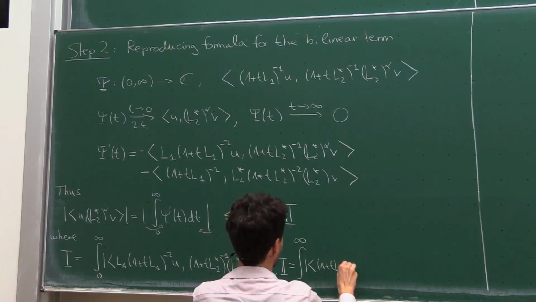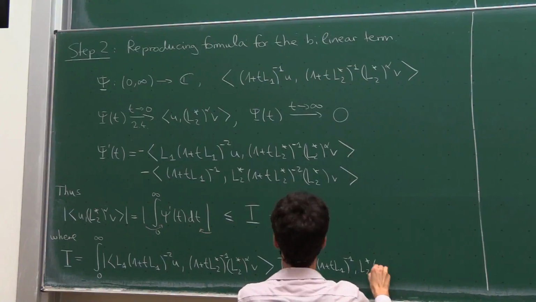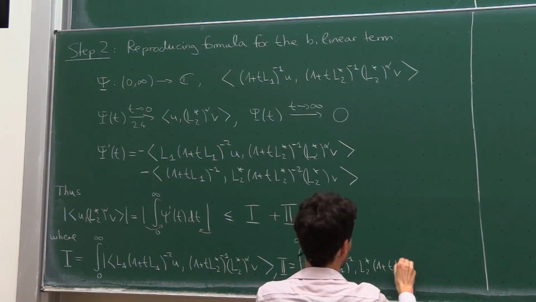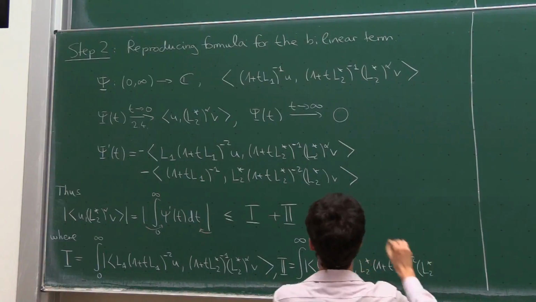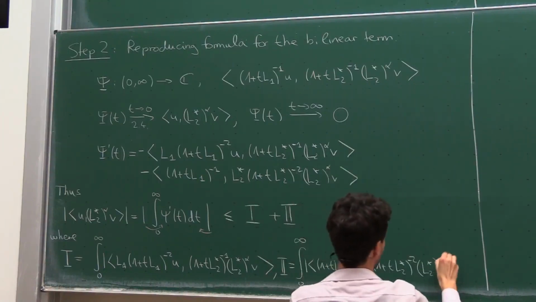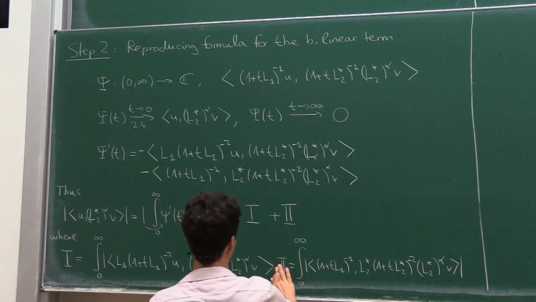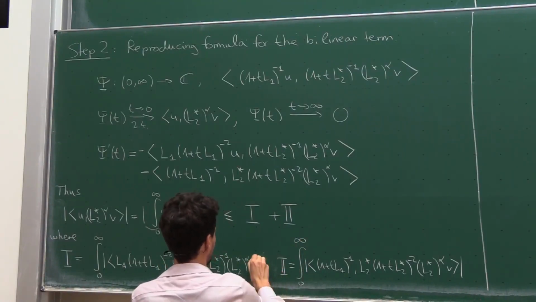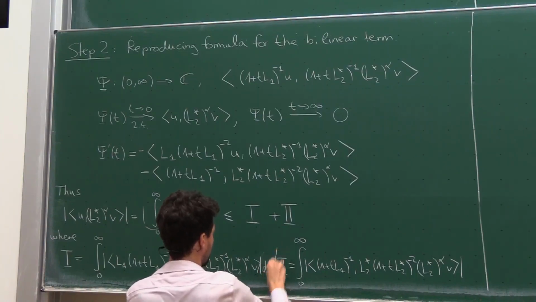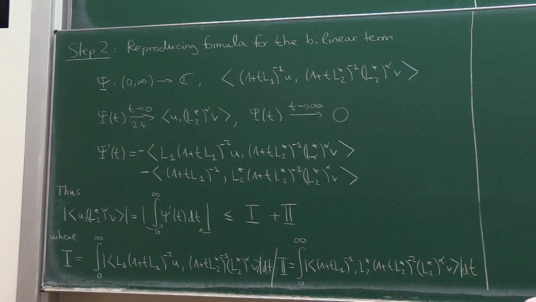Just copying. Good for you that you have printed out the lecture notes. And then there's dt's missing and there's parentheses missing. Okay, so this is dt, and the other one is this one, dt. Right? It's just a triangle inequality.